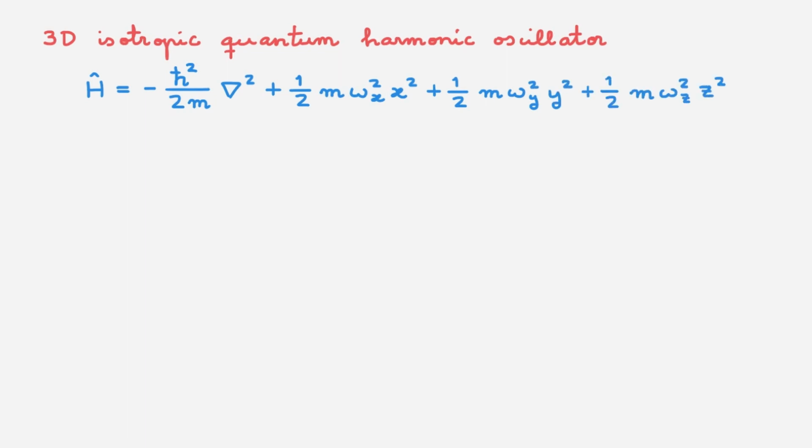If we now insist that we have an isotropic oscillator, this means that the frequencies are the same along every Cartesian direction, and we are simply going to call them omega.